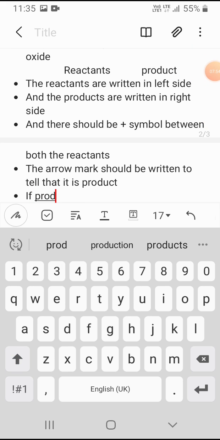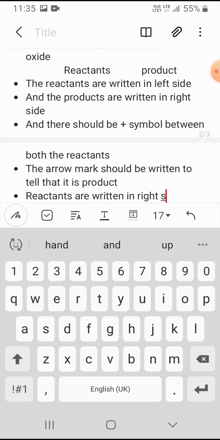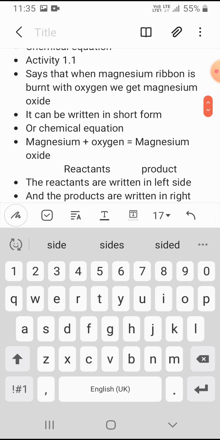Reactants are not written on the right side, only products. First they may give you the product and ask you to tell by which reactants it is formed. If they ask for 1 mark, they will give the product only, so you have to tell the reactants, the two atoms or components acting to give that product.